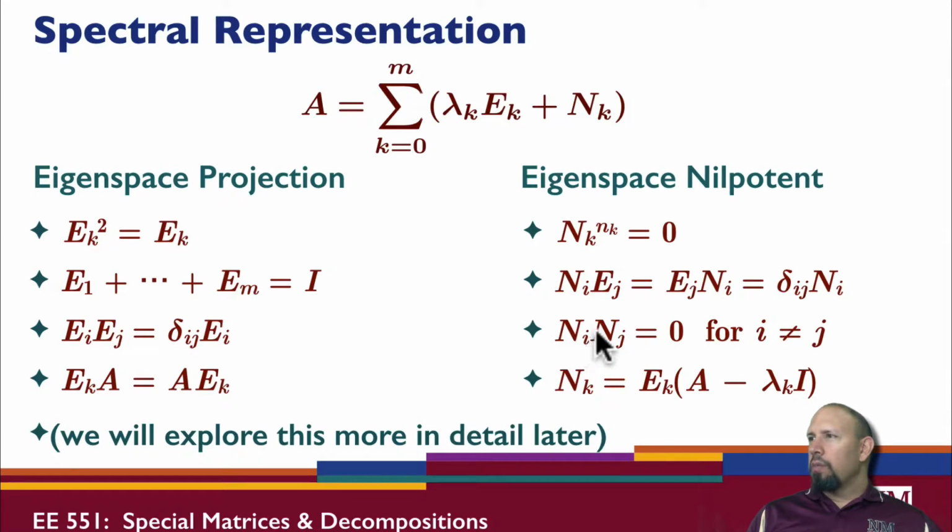If I multiply two nilpotent matrices by each other, I get 0 for any i not equal to j. And the nilpotent matrix itself can be written in terms of the projection matrix this way. So this is actually how we would compute the nilpotent matrix once we have the projection matrices. So this is pretty complicated, this spectral representation, but it's going to be helpful when we come to computing functions of a square matrix. So we'll definitely explore this more in detail.